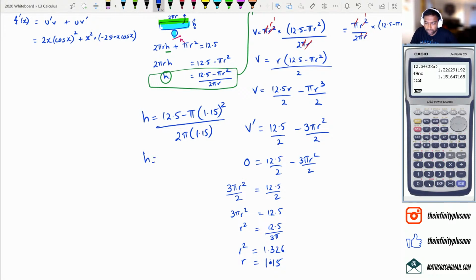I'm going to go 12.5 minus pi multiplied, and I'm going to use the answer function and go squared, and then divide that by 2 times pi times answer. So this way, we don't have to worry about rounding errors. And weirdly enough, h also in this case is 1.15.